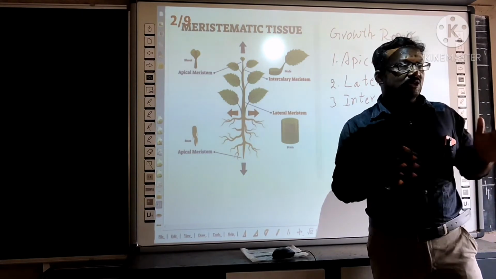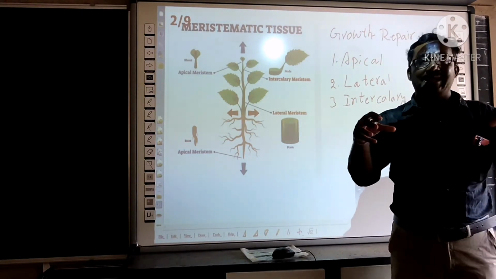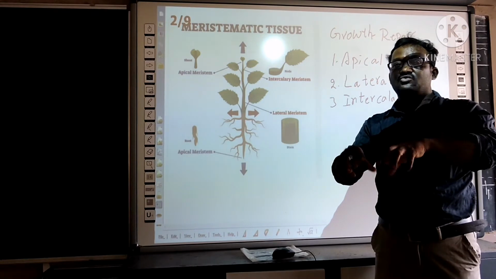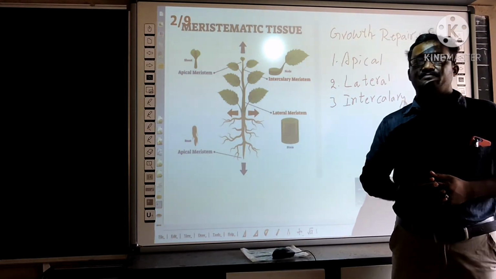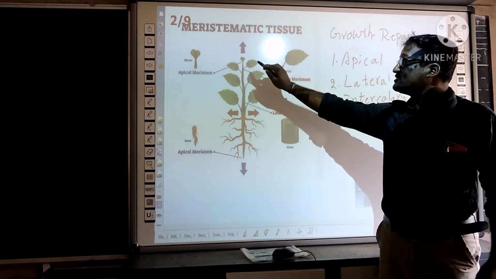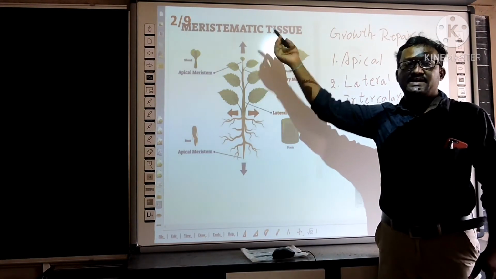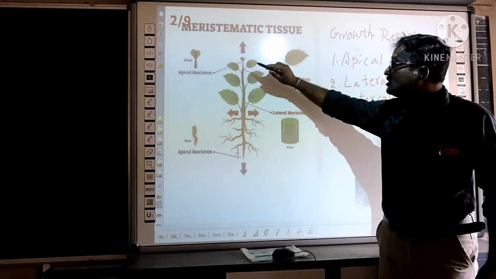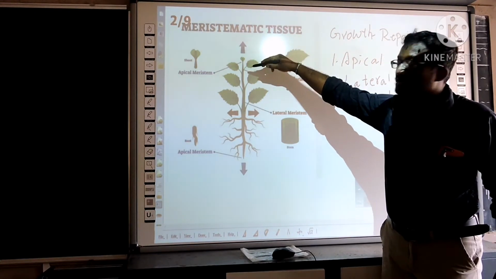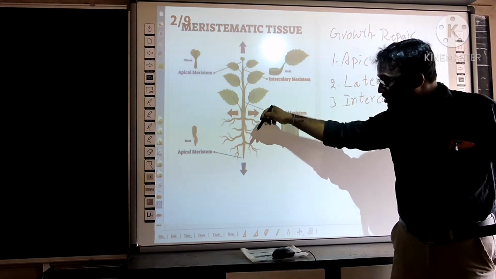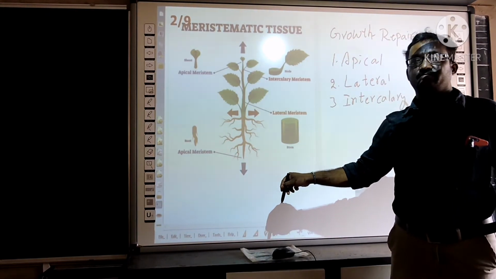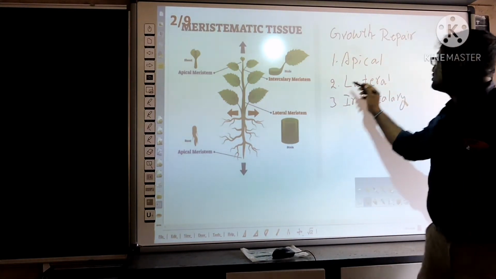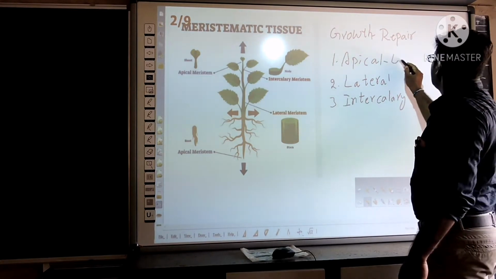For growth to happen, new cells should be added. Further, cells should continuously divide. Here, the cells in meristematic tissue divide in vertical direction, so they cause growth in length. Shoot grows in length. The root grows downward towards the gravitational force. Understood? So apical meristem causes the growth in length.